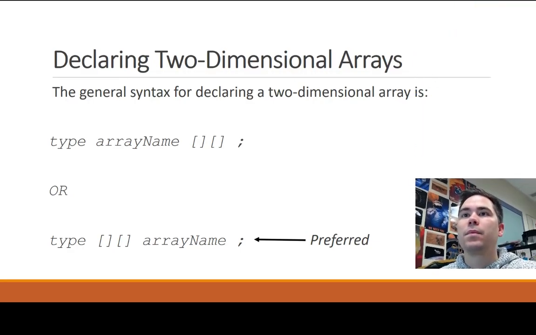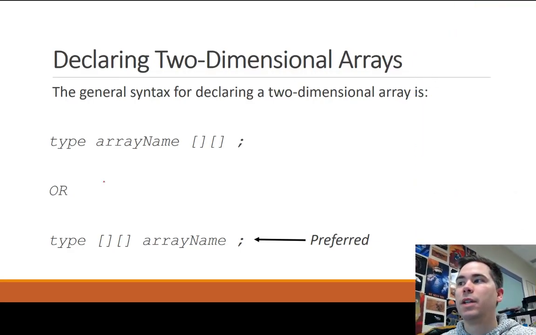Okay, so when we declare a 2-dimensional array, we have our type, array name, and then we have our 2 indexing brackets saying that this is our actual array.